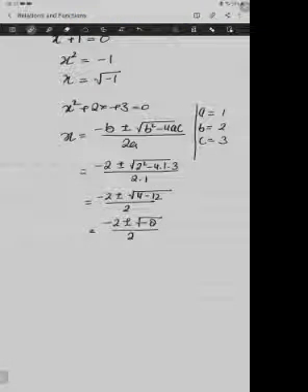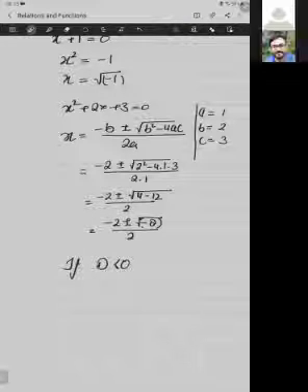Now see, this is negative, and we used to say in this case root of negative is not possible. Therefore, we cannot solve it further. Or the roots of the quadratic equation were imaginary.